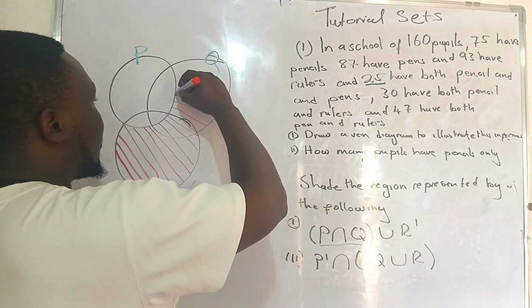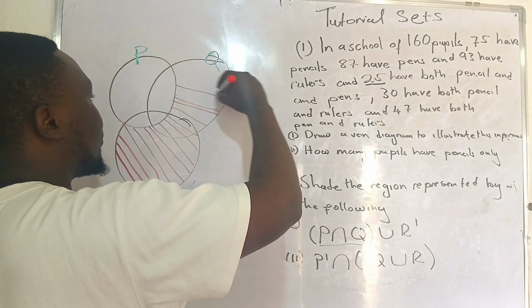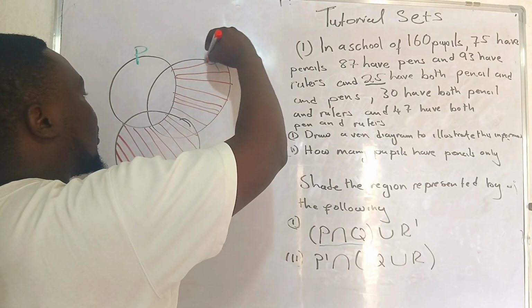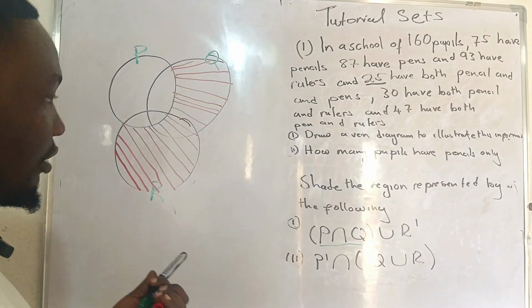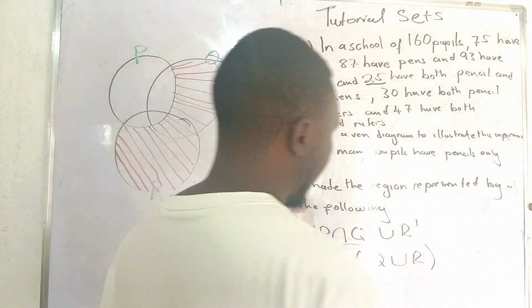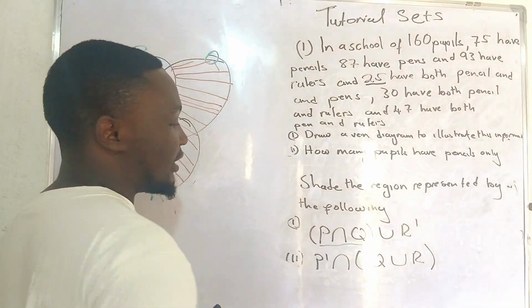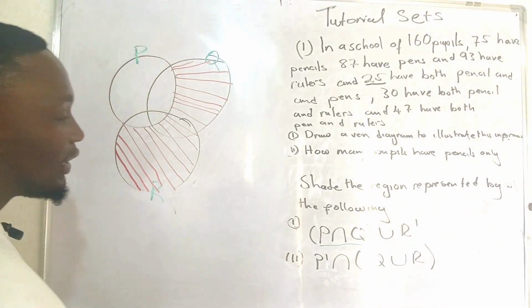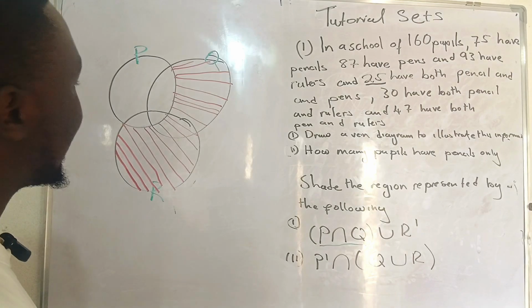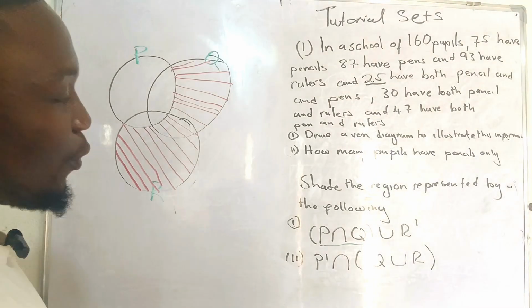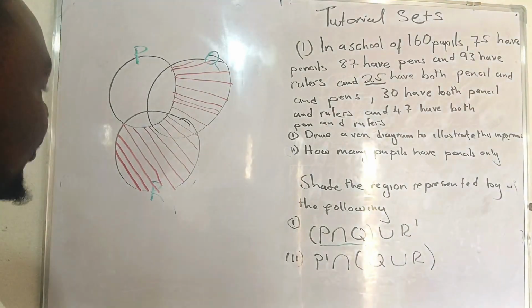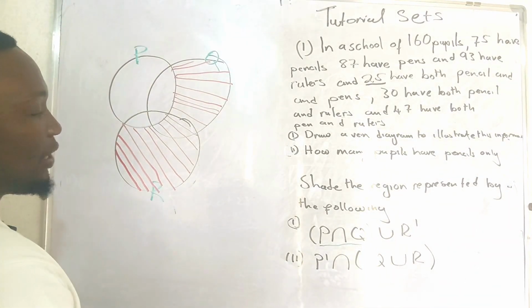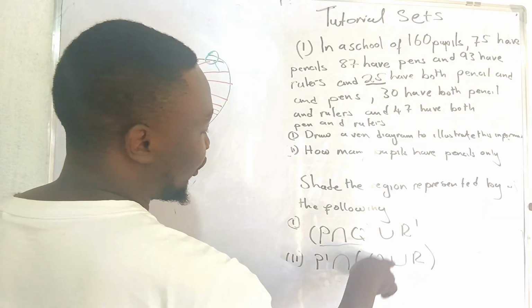So this is the region that does not involve P. This region is intersecting with the union of Q and R. This region of P complement is intersecting with the union of Q and R.